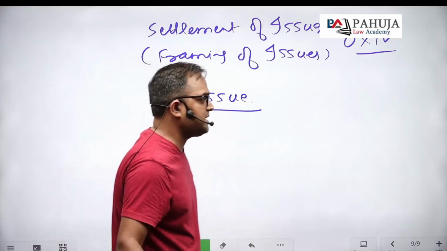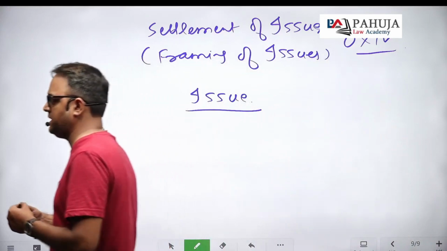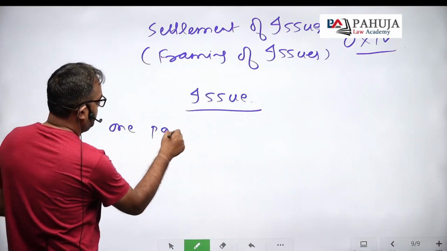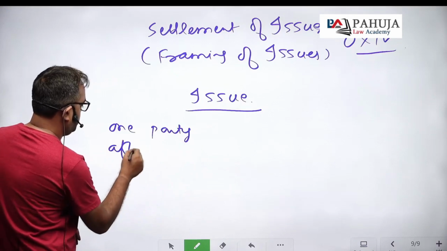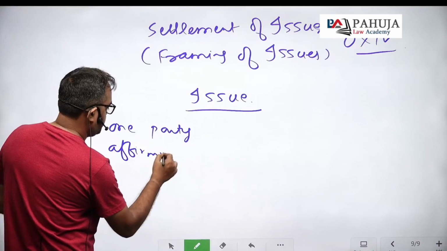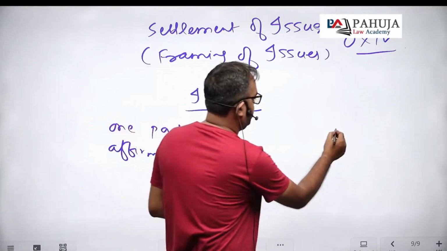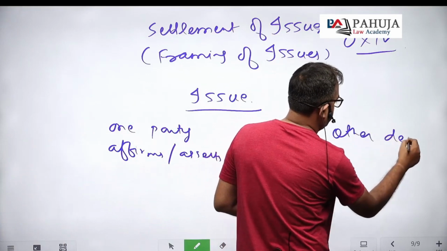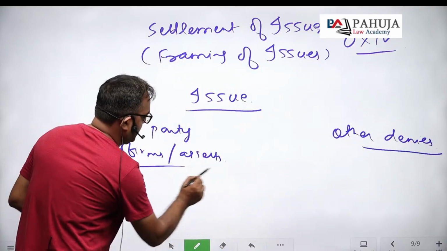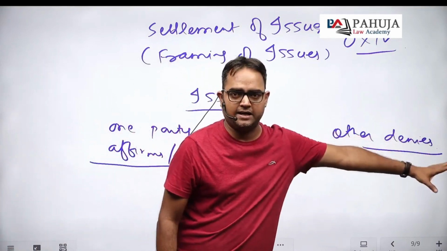So when you are asked the technical definition of an issue, the first thing you must see, देखो, in an issue, what happens is one party affirms or asserts and the other डिनाइज। ठीक है, याद पहले ध्यान सुनना, एक पार्टी कोई assertion कर रही है, affirmation कर रही है, and the other is denying it, right?